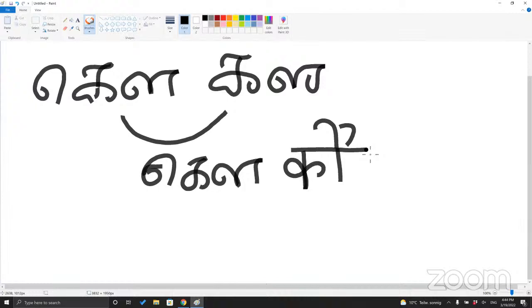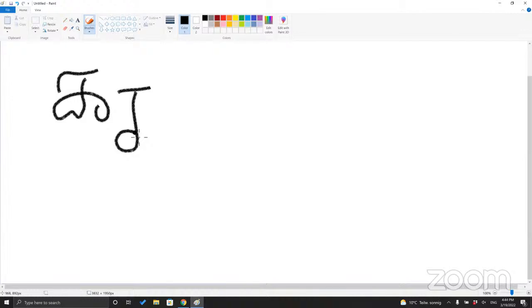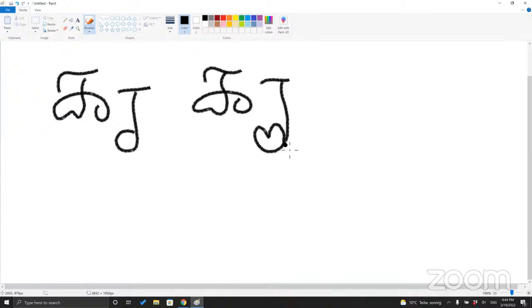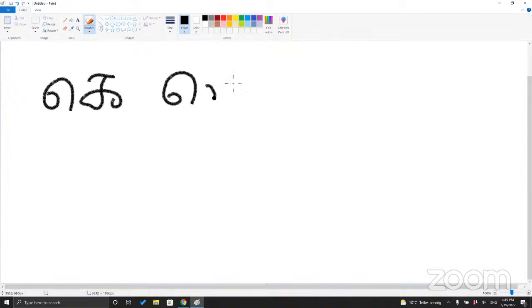Right, so things to consider. Take a different brush, which is Kru, one loop, and you have your Kru, right? So you go like this, and the screw, right? So that's a screw. Same way, one thing will give you K. If you put it twice, it will give you Kai.